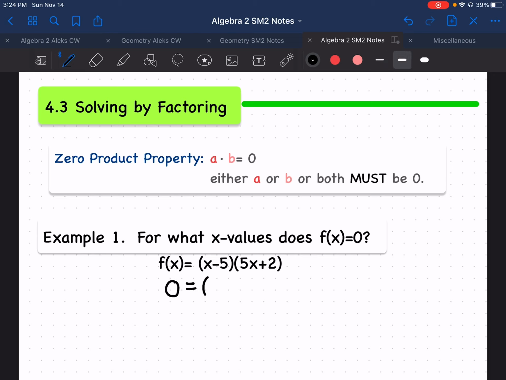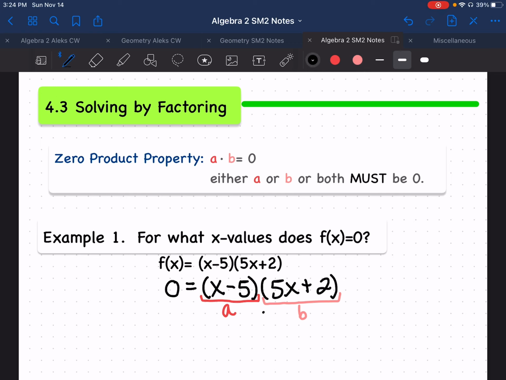Now I can solve this using the zero product property. What the property says is that one of my two quantities, or both of them, must be equal to 0. This first parenthesis is going to be my A value, and this second parenthesis is going to be my B value.